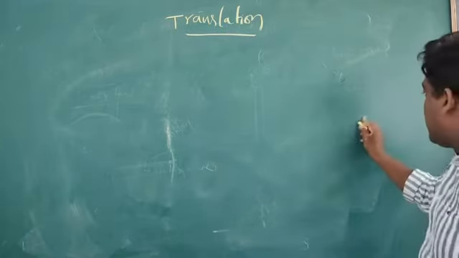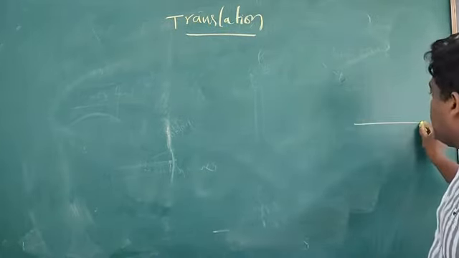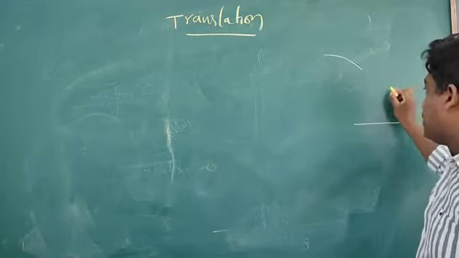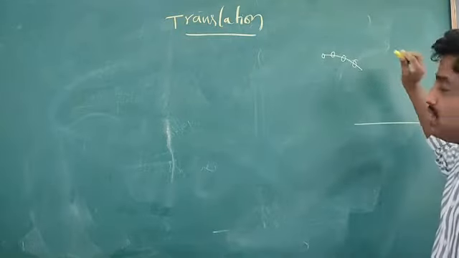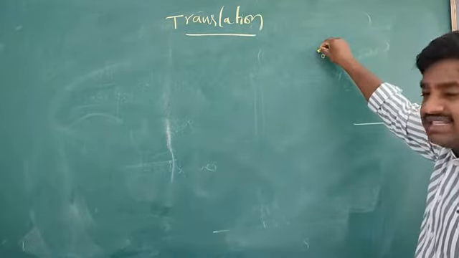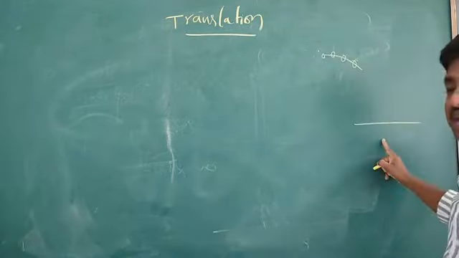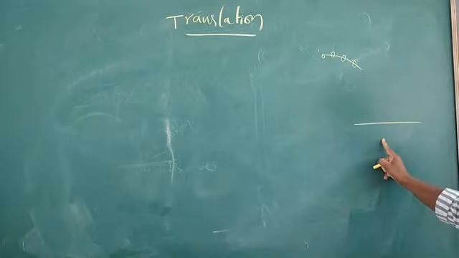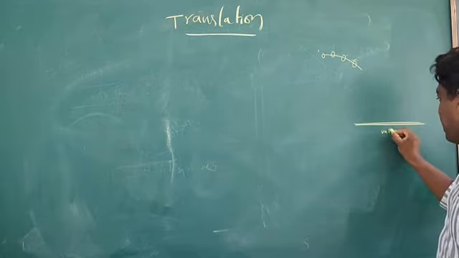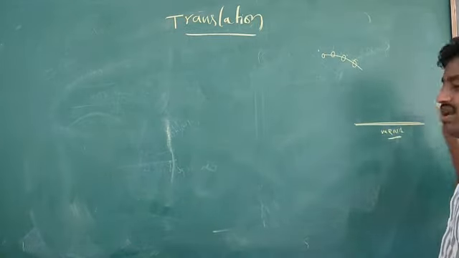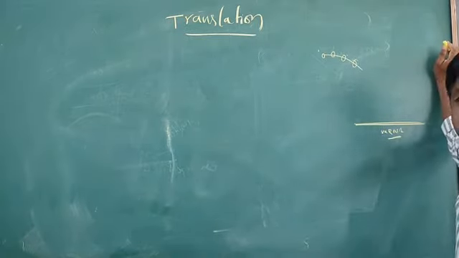That means this is the mRNA. Here a polypeptide chain is formed, and it contains a number of amino acids. So the sequence of amino acids is defined, particularly on mRNA.